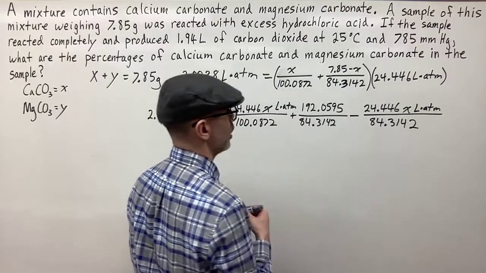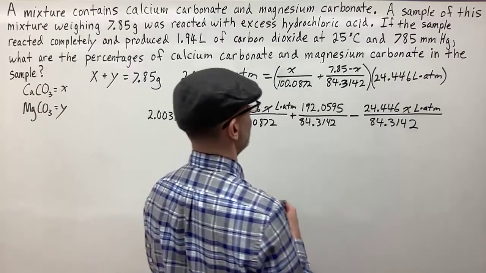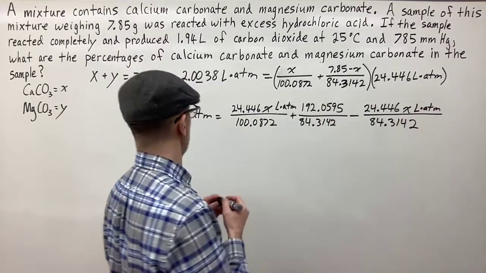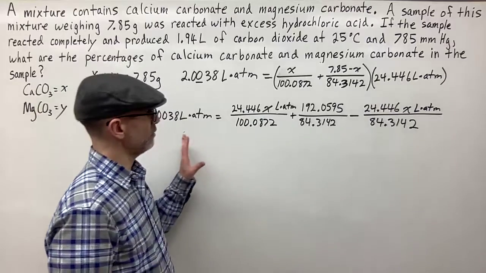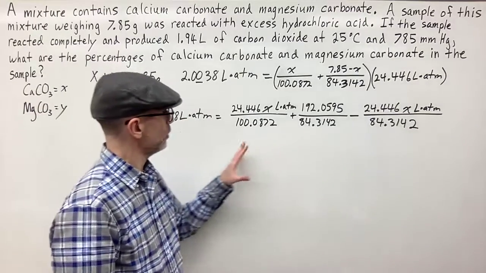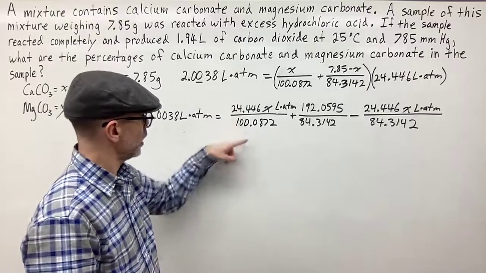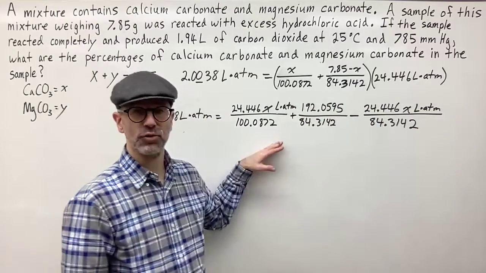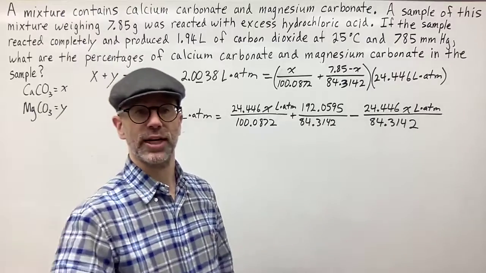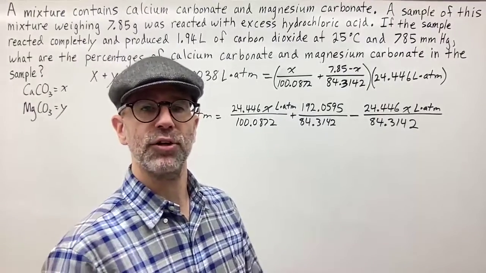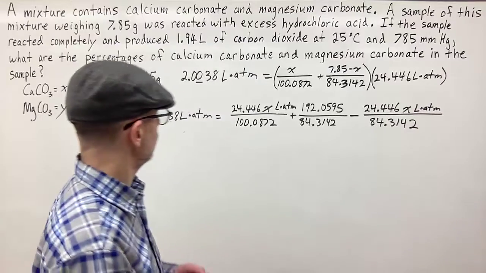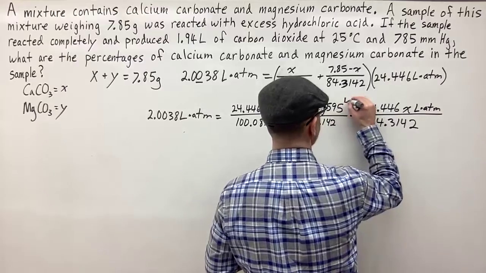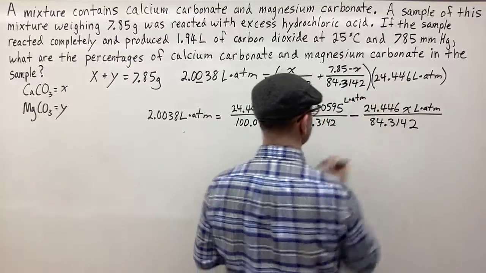So we're going to end up canceling that out anyways, but we'll see that in a moment. Okay, so now that we have this simplified a little bit more, we can simplify it by dividing the numbers now to get rid of the fractions. We don't want fractions, so we're going to divide those numbers, and then we're going to get the values that we need. And so let's go ahead and do this. Oh, by the way, I forgot. So this should also have liter atmospheres.